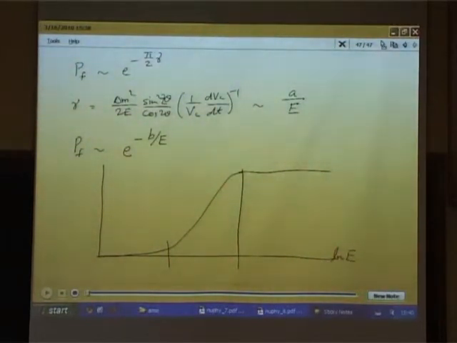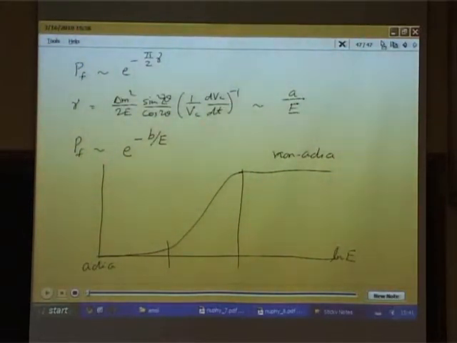If you are in this region, which is non-adiabatic, if you are in the non-adiabatic regime, P_F is flat, no energy dependence. If you are in the adiabatic regime, P_F is flat, no energy dependence. But if you are in this transition regime, P_F depends on energy. So that's again one of the rules of thumb to keep in mind.